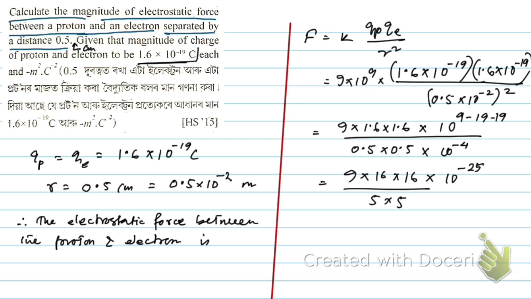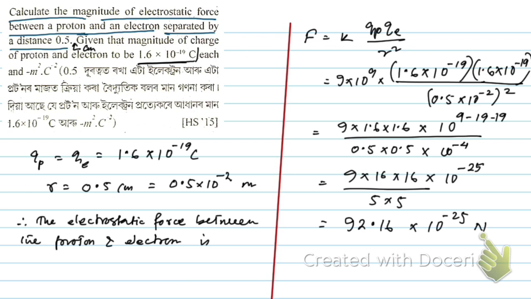So if you multiply and divide, then what are you going to have? You're going to have approximately 92.16 into 10 to the power minus 25 Newton.